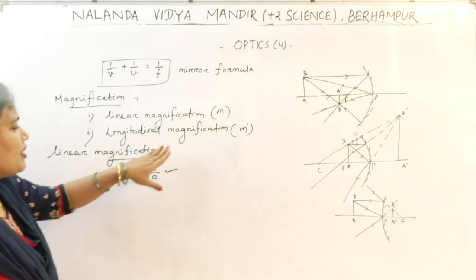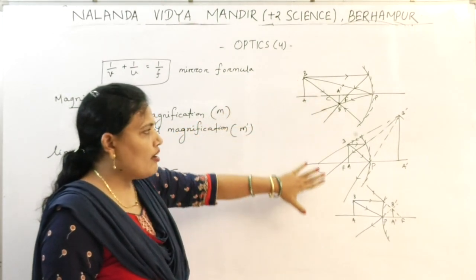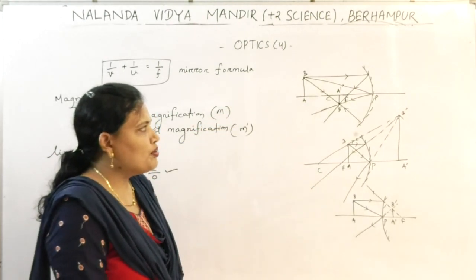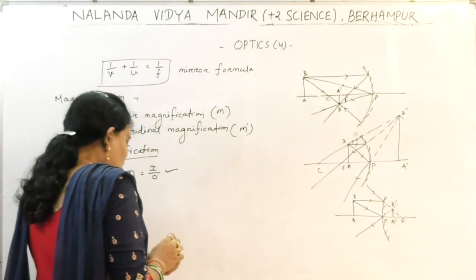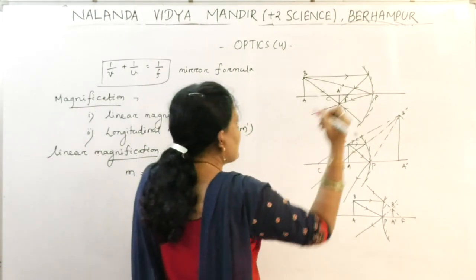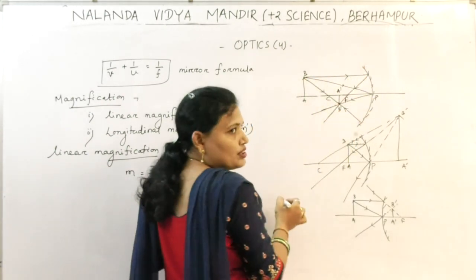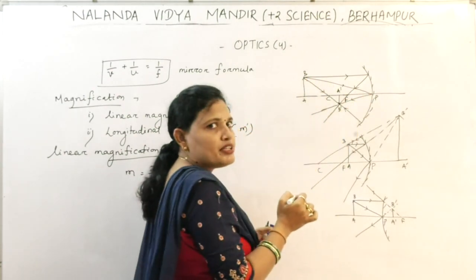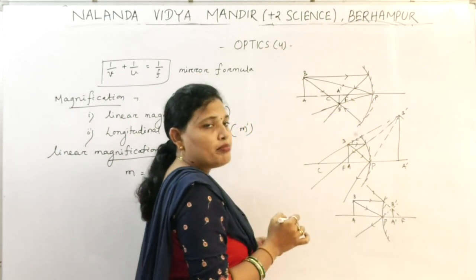Now let us find out what will be the magnification in case of the mirror, either concave or convex. So let us first find out for the concave mirror producing real image. See in this one, we have already discussed this diagram. A ray which moves parallel will pass through the focus. A ray incident at some angle to the principal axis is reflected at the same angle to the principal axis.